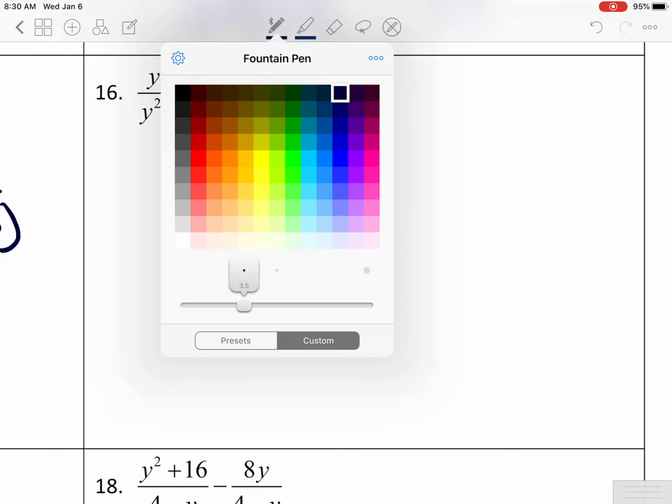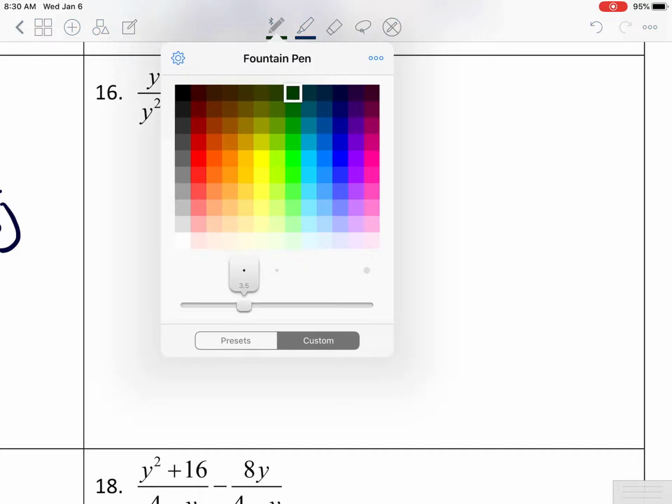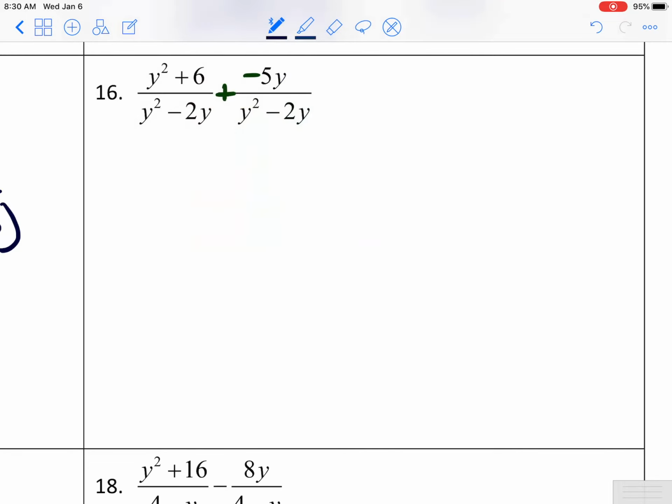All right, subtraction. Okay. So my bottom will be y squared minus 2y. Now on the top, it looks like I don't have any like terms. So I'm gonna write this in standard form.